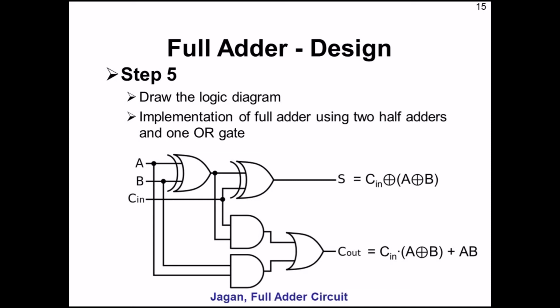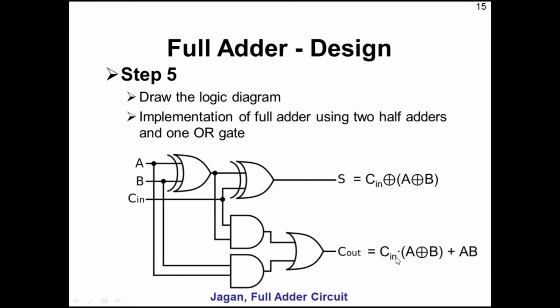Then what do you have to do for adding your carry input? Again, you have to give it to another XOR. So I will be getting S equal to Cn XOR with A XOR B. And what is C out? So AB, right, which is nothing but the carry output of the half adder. So I will take the inputs and use the AND gate, which yields the half adder carry.